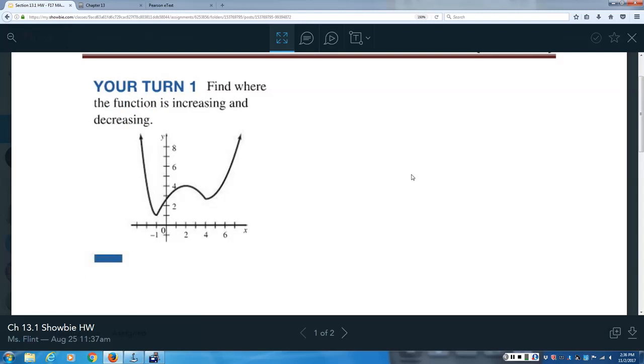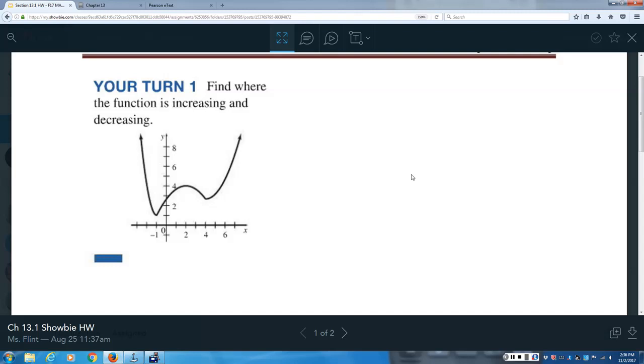Can you answer that question? I'm not asking you to take any derivatives. You don't have an equation to take a derivative of. Can you answer the question based on what you see? So tell me, where is the function increasing? Well, it's actually increasing on 2 different intervals. -1 up.